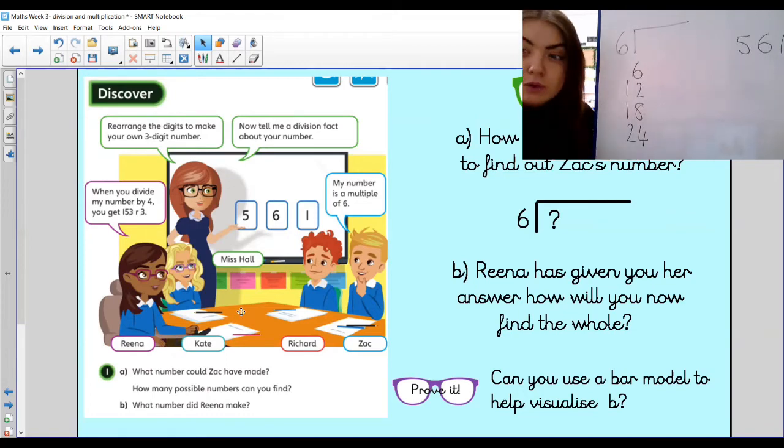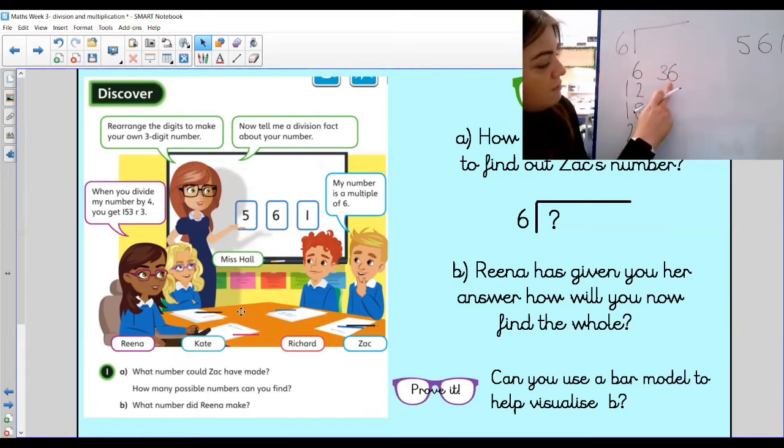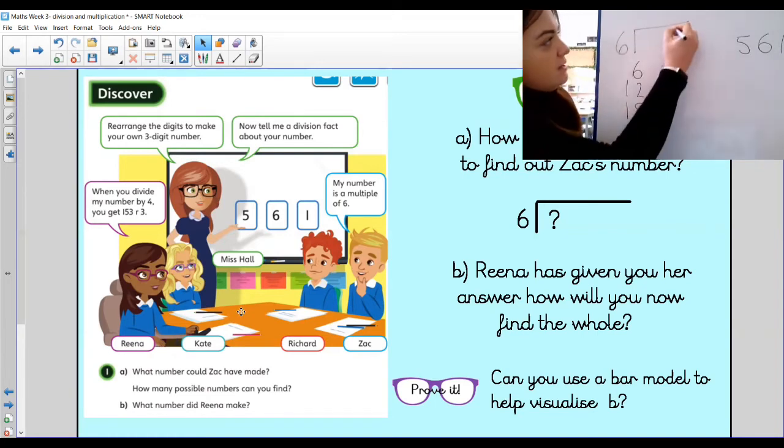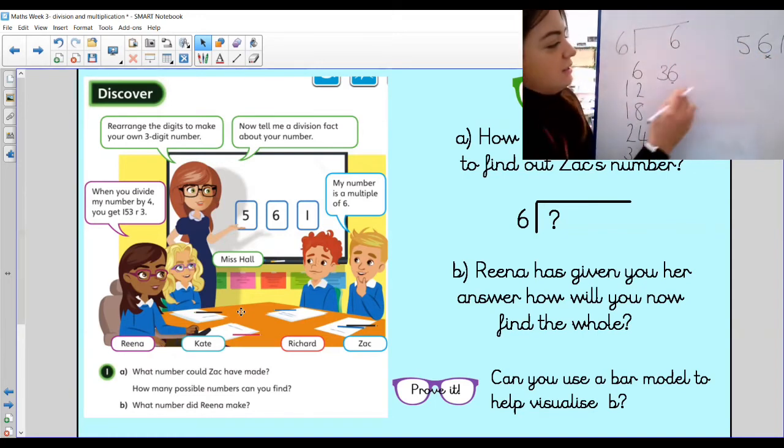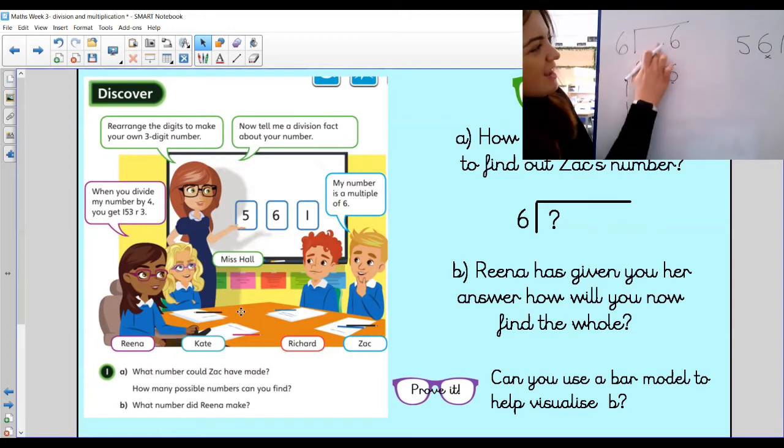So I know it's within that times table: 24, 30, 36. Oh, here we go. I could end with the 6, as long as I can get a remainder, a renaming of 3.